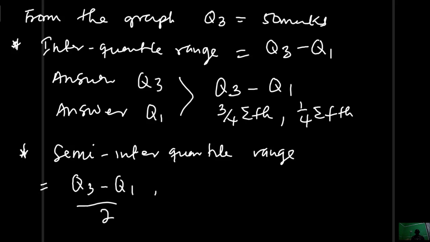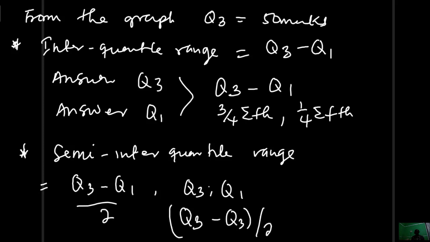So you look for the answer for upper quartile, then the answer for lower quartile, then take the difference, upper quartile minus lower quartile, then divide your result by 2. So the result that we get from the interquartile range over 2 will give you the semi-interquartile range.